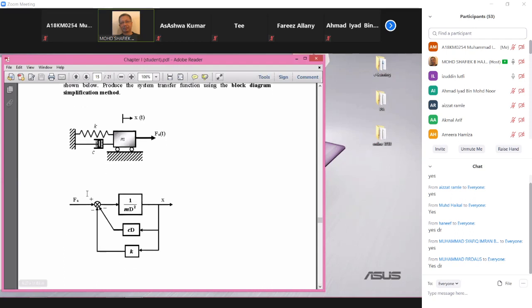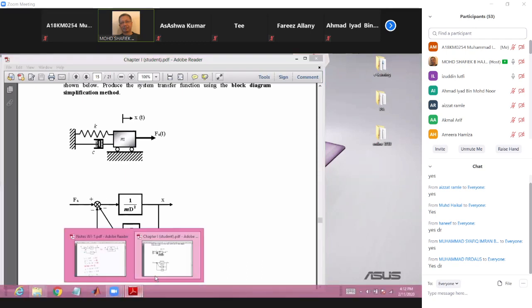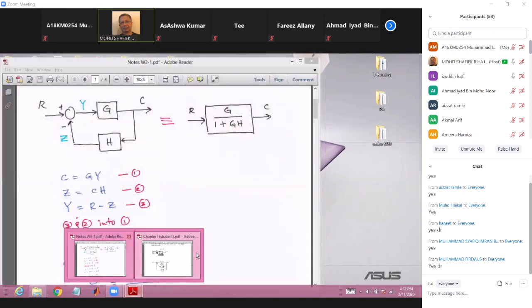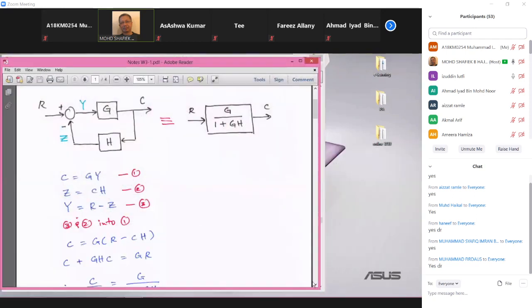So how can we simplify this? It is not quite clear, but here you see this is a summing junction. You can split that summing junction into two, and the takeoff point now, you can take from the same signal. I'm going to redraw this. All right, so let's go to my notes.